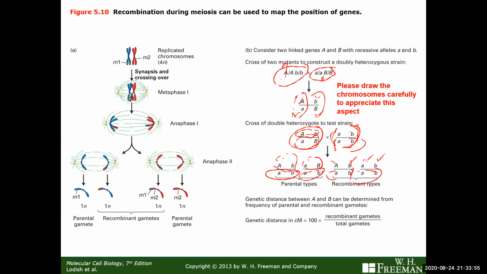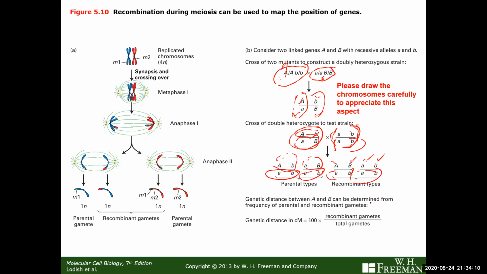But if two genes are very far apart from each other, the chance of a crossing over between these two loci is relatively more.